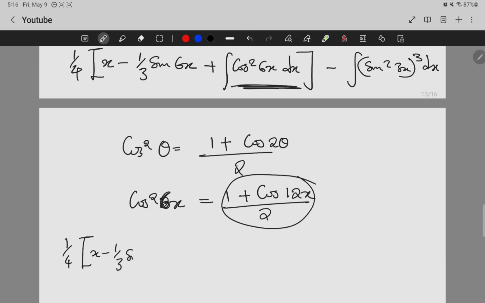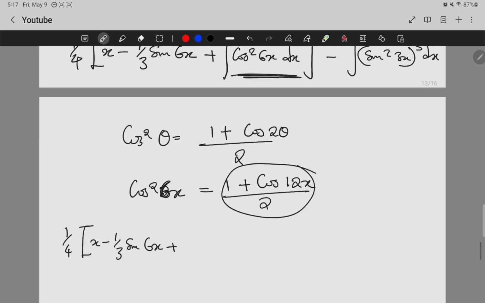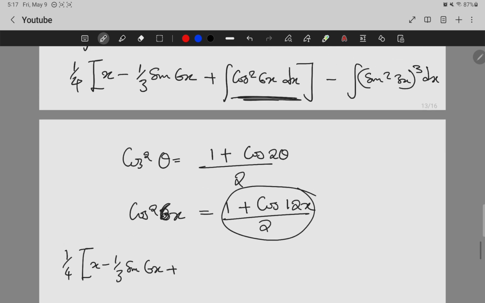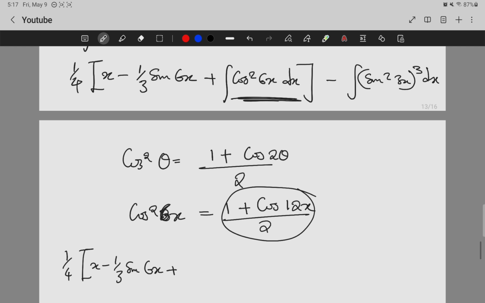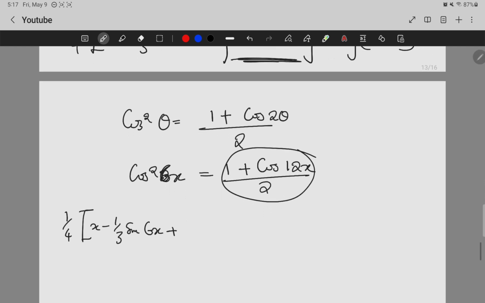1 over 3 sine 6x plus, when integrating that, the first part will be integrating the half. The best part here is that this is not raised to the power 2, so we're not squaring anything. So the half here, I can factor out. When we integrate 1, we get x.